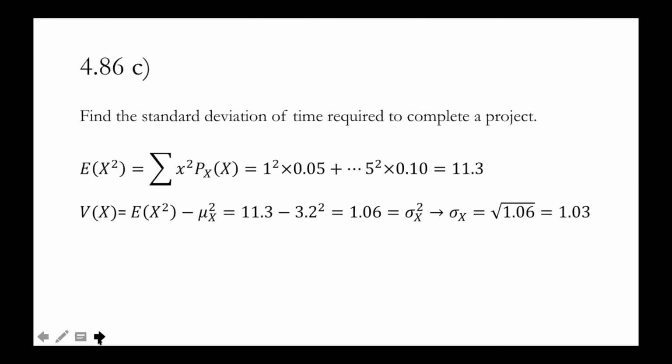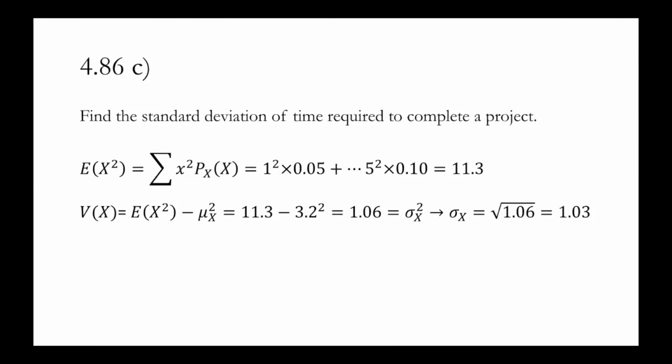And now the next exercise is to find the standard deviation of time required to complete a specific project. So we have this formula: the sum of a specific probability of completing the project times the number of days squared.